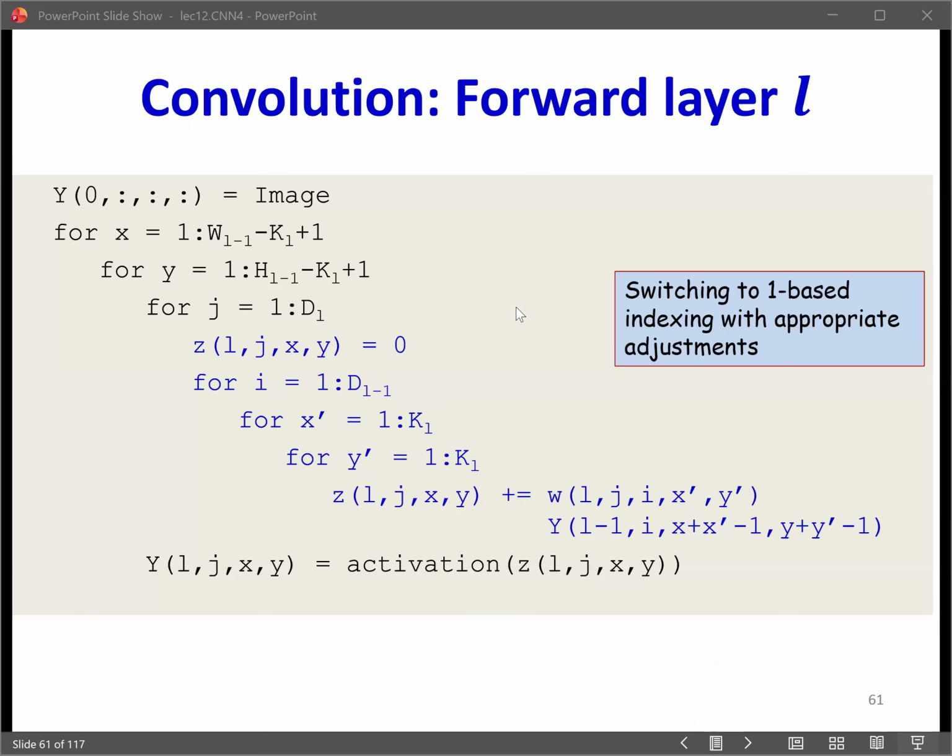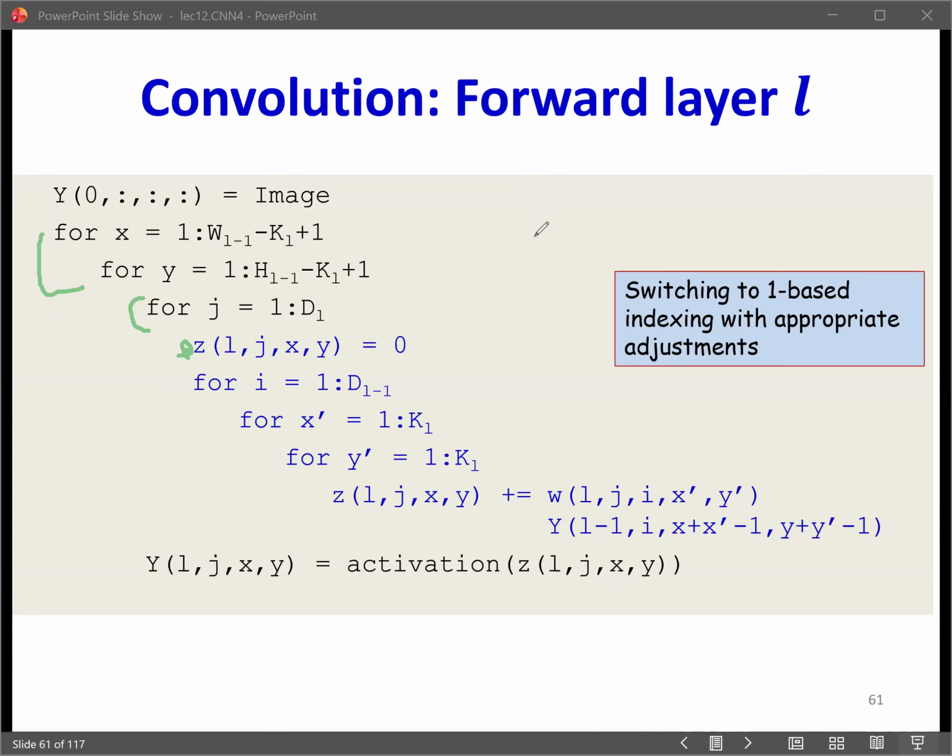If I'm looking at what's happening inside a convolution, I'm scanning the input. Then within each input, I'm going over all the filters. I'm initializing the z value for it. The z is what, going forward, you're computing, z's, and then you're computing y's.